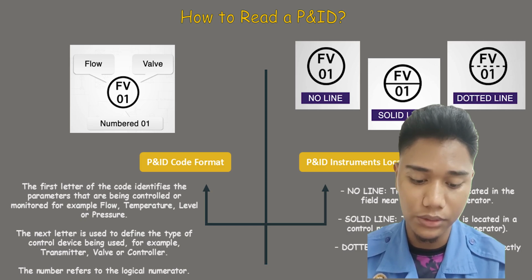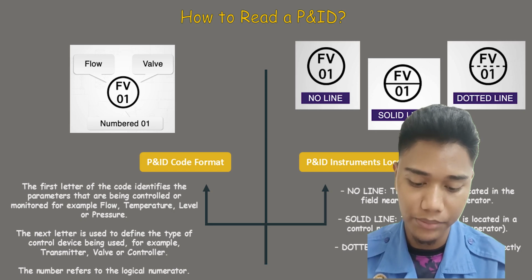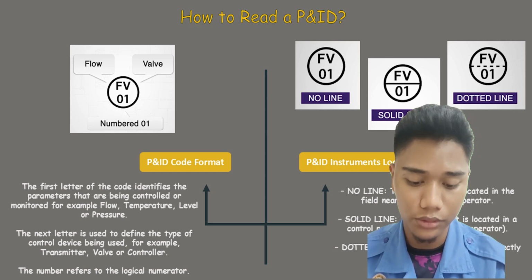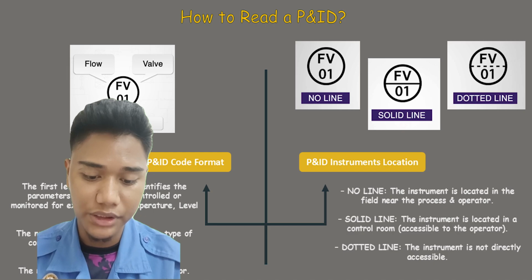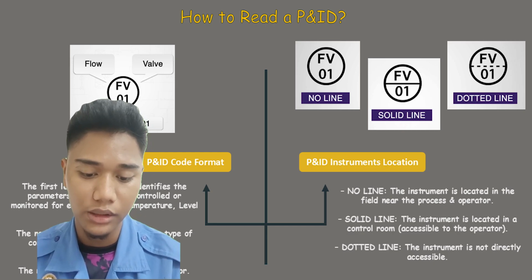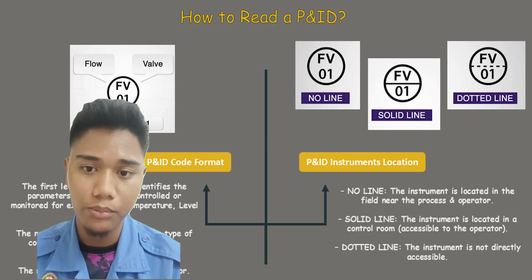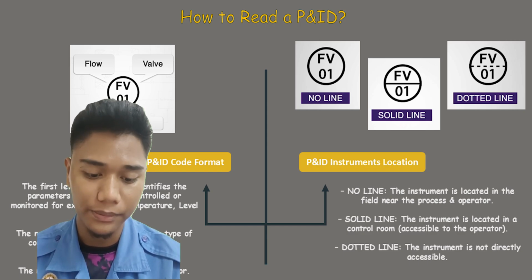The next letter is used to define the type of control device being used, for example, transmitter, valve, or control. The number refers to the logical number. As we can see in the picture, we have FV, which is flow and valve. 01 is number 01.